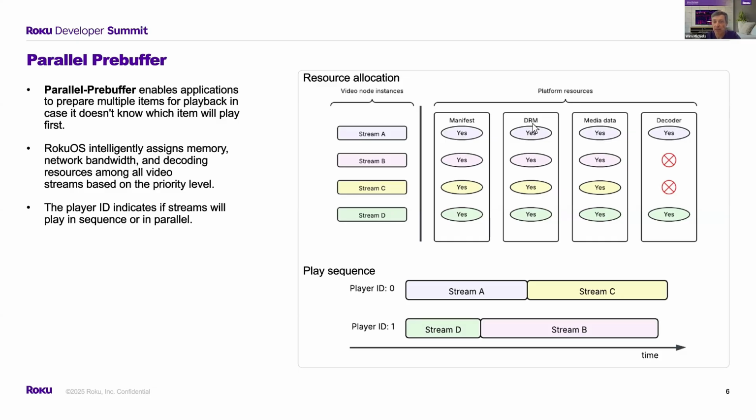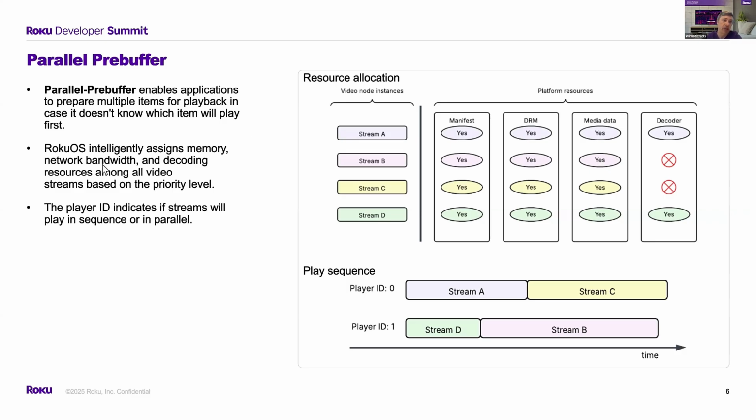We have DRM and license resources as well as decode resources. Based on the priority level, Roku OS can decide which stream should get which resources. In this case, we see that this platform has two decode resources, and so two streams get a decode resource, stream A and D, but B and C do not.